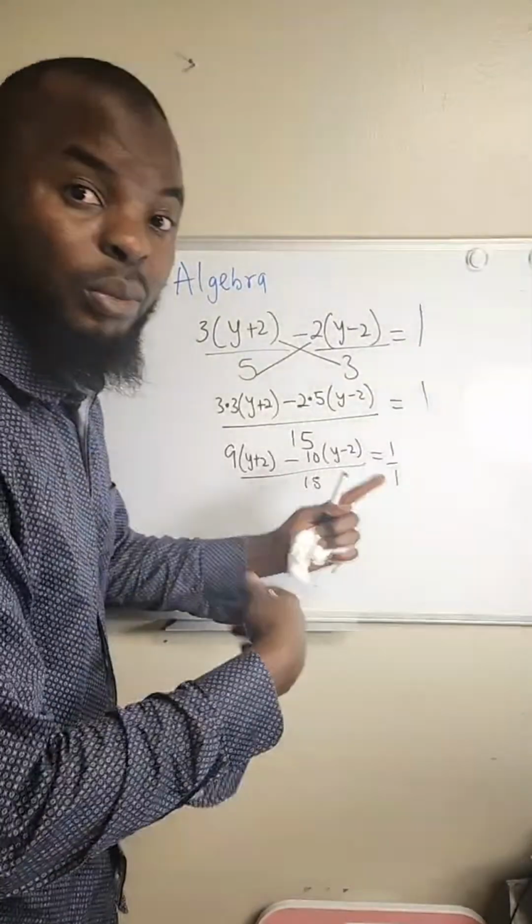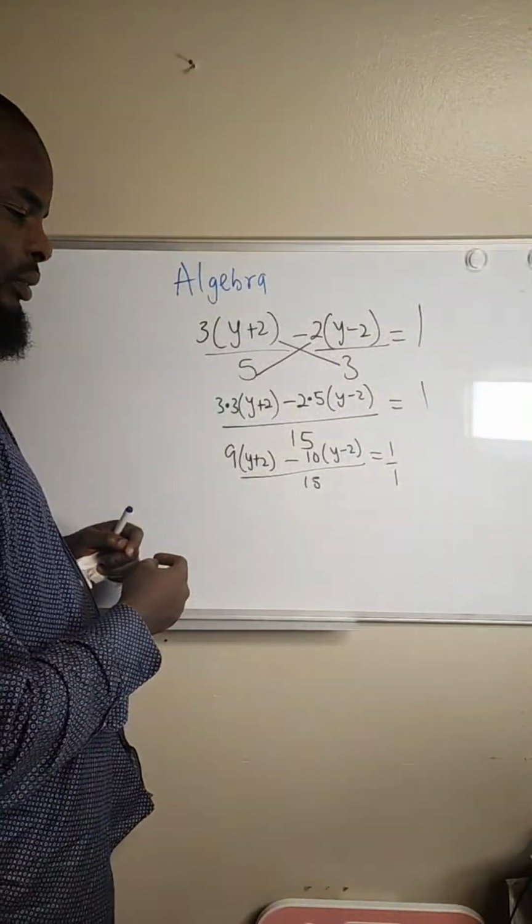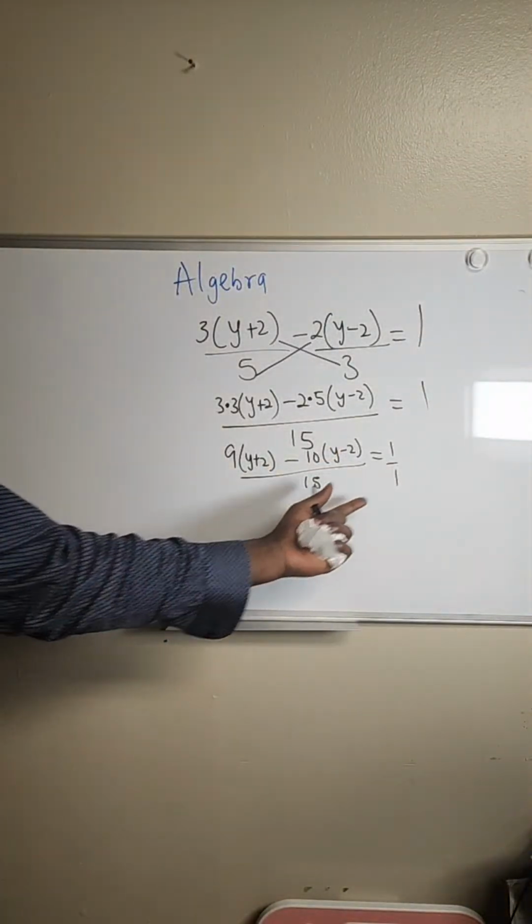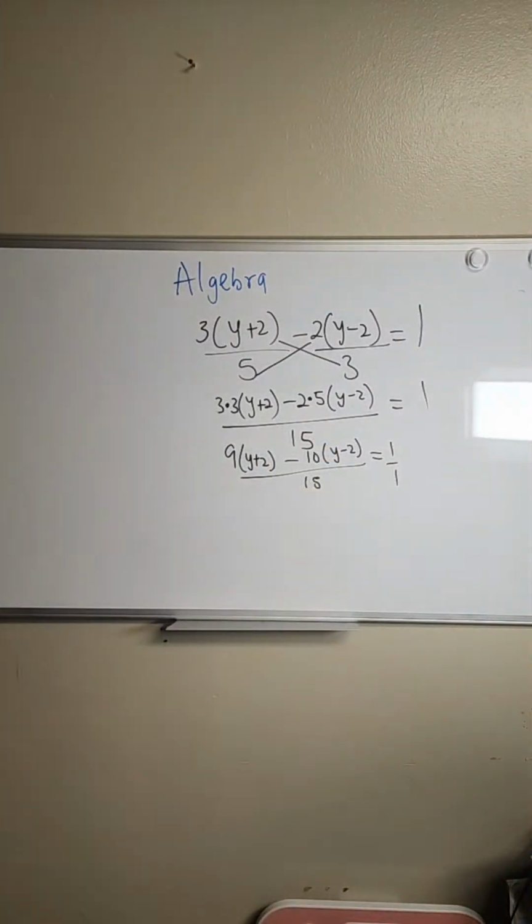Then you can now cross multiply. Now this is a single fraction, this is another single fraction. You can cross multiply. Can you continue from here? Let's see.